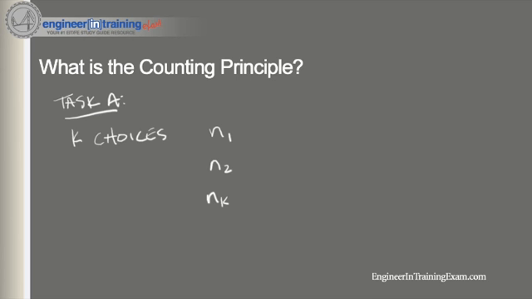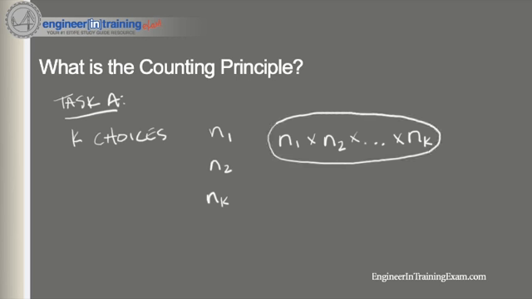So the total number of different ways that this certain task A can occur is simply N1 multiplied by N2 multiplied by all your stages multiplied by NK. So whatever this equals is the total number of possibilities of task A.